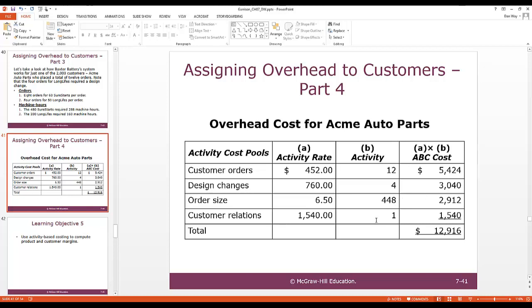And then that customer relations pool or activity, we had just one of those because they're a single customer, times the rate at $1,540. And there's our cost assigned of $1,540. So when we total that up, we'd say, well, we're assigning overhead costs to Acme Auto Parts at a total of $12,916. Again, if we're interested in the customer as the cost object.